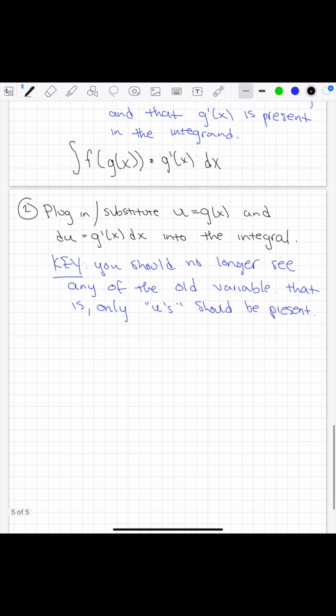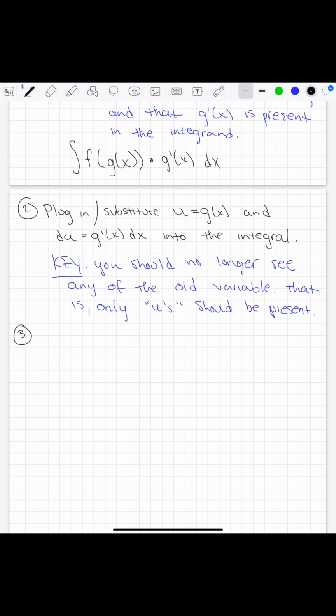Step 3 is to integrate. And what does that mean? That means use an antiderivative formula with respect to u. So remember, that means that u is the variable.